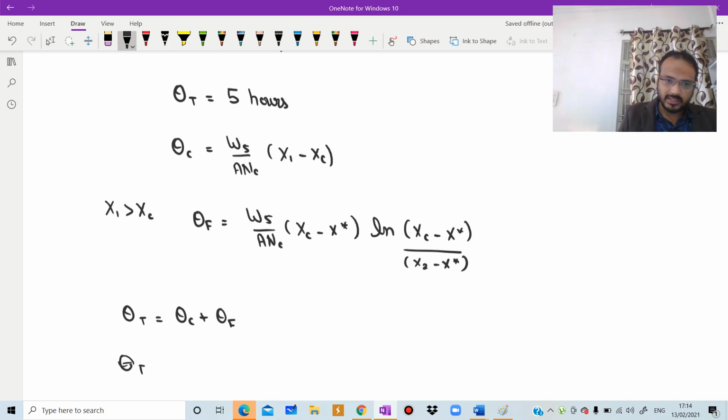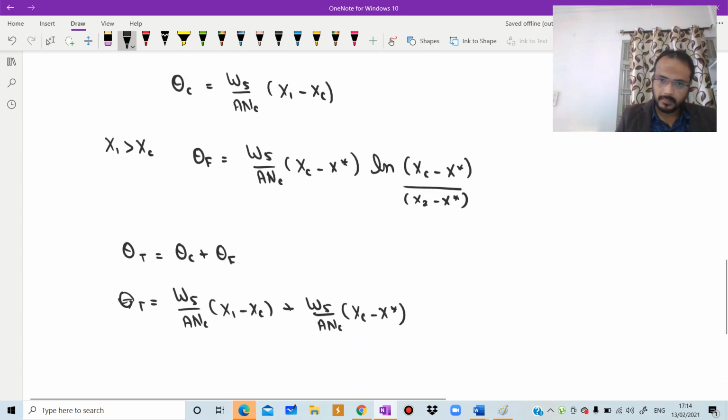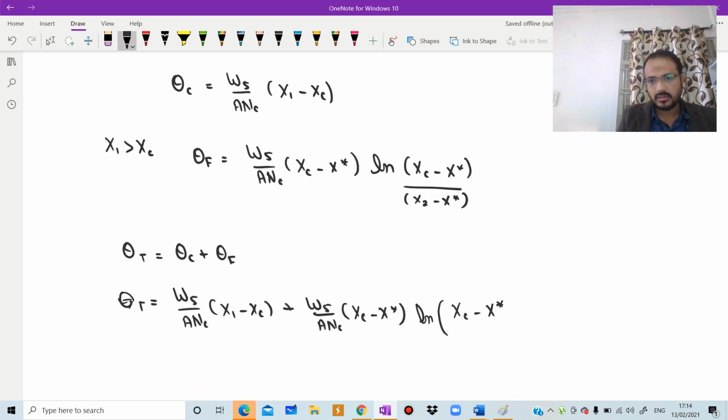So theta total is equal to Ws by A NC times x1 minus xc, plus Ws by A NC times xc minus x star, ln of xc minus x star divided by x2 minus x star.